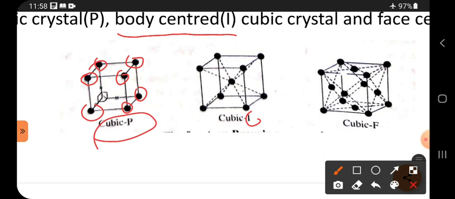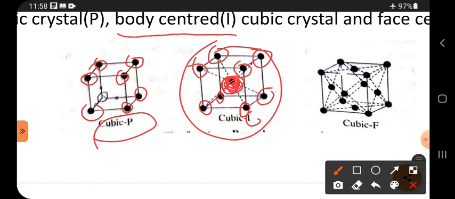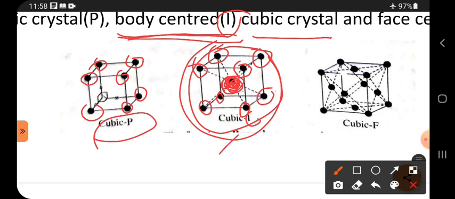So 8 lattice points are present at the 8 corners, and along with the 8 lattice points, one more lattice point is present exactly in the middle of this cube. The middle of this cube is the center of this cube, that is why it is called body centered. It is denoted by I, body centered cubic crystal.